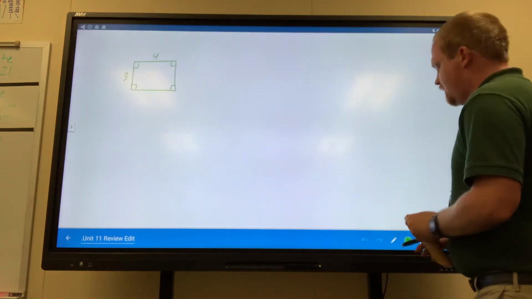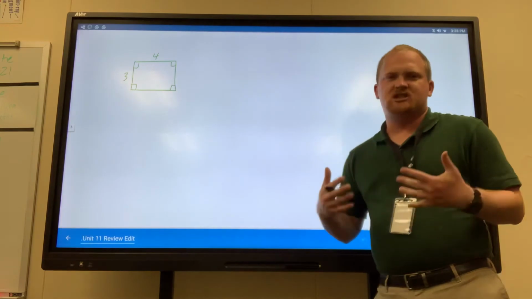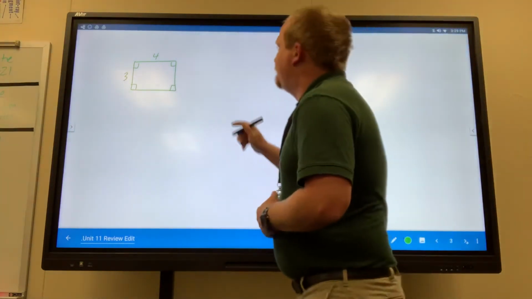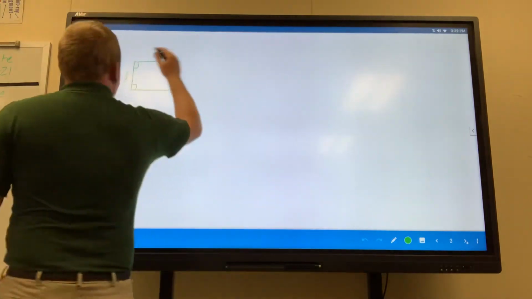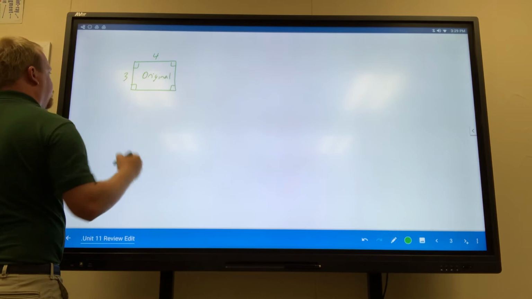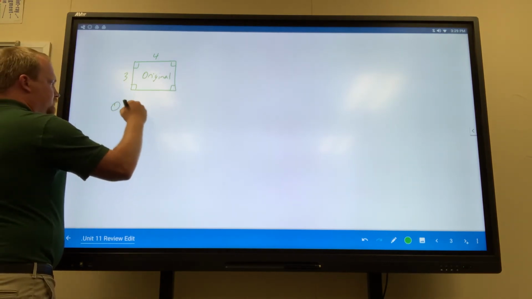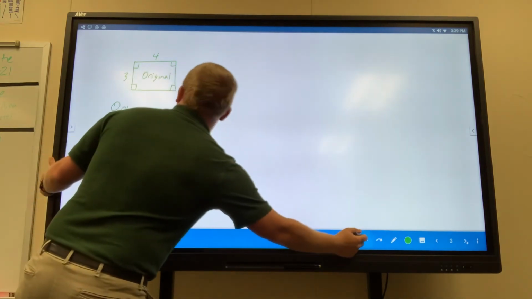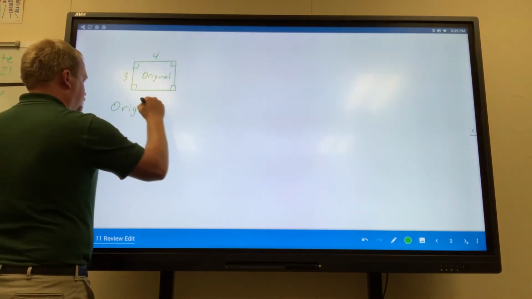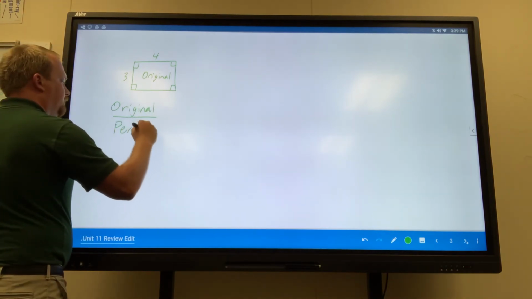Now, the very last problem we're going to be working on is the change in area and perimeter. So, let's imagine this being the original figure. For the original, I want to find my perimeter.